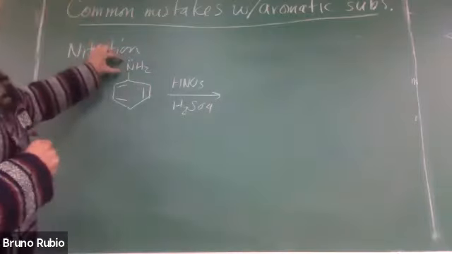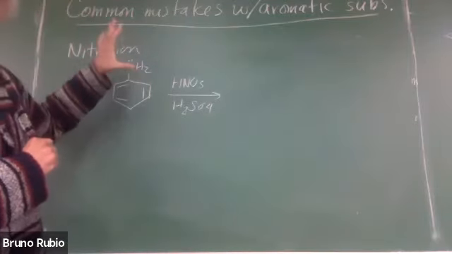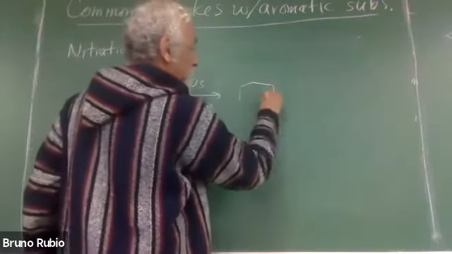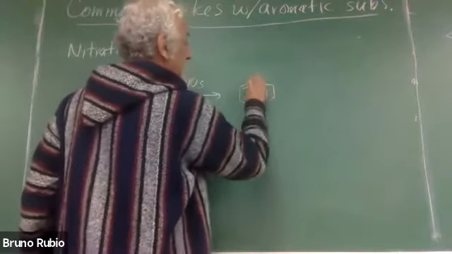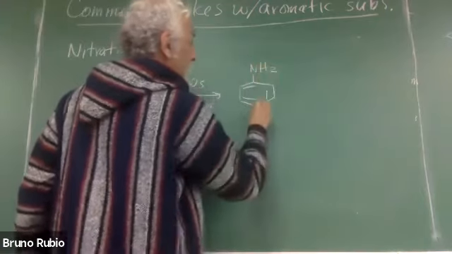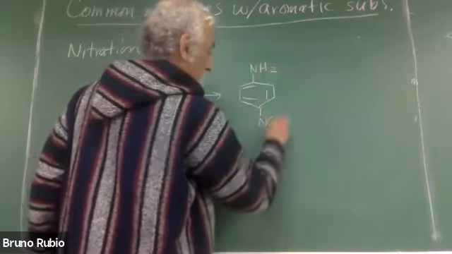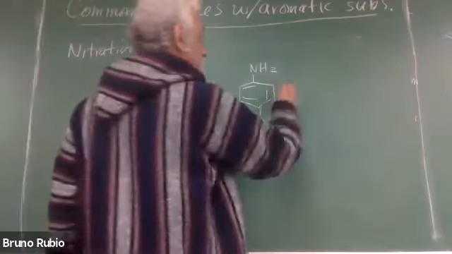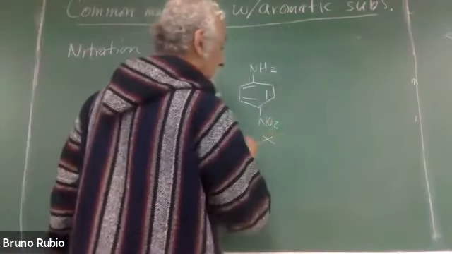This is an ortho-para director. You're thinking that the major product is going to be the para-substituted para-nitroaniline. And so you might think, well, that's the product. Well, no, it isn't. That's not what happens.